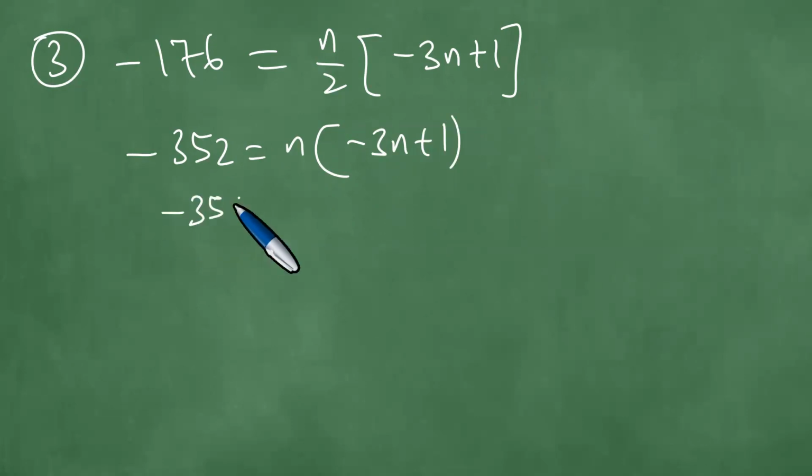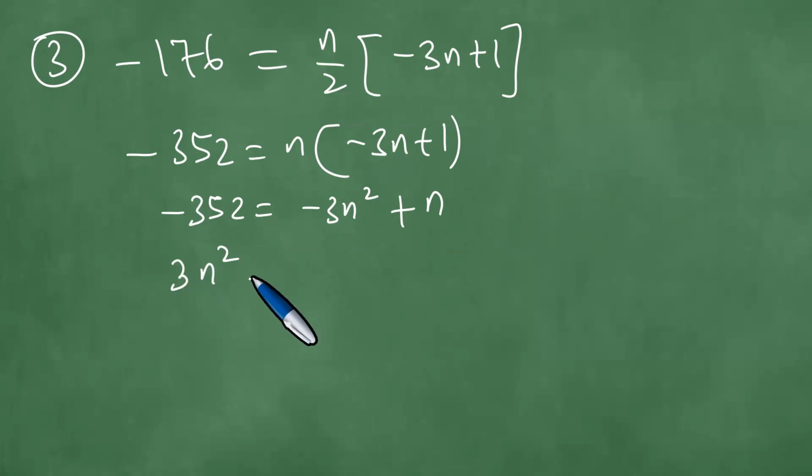So you distribute here: this is minus 3n squared, n by 1 is n. Right, you transpose this across, giving you 3n squared minus n minus 352 equals 0.